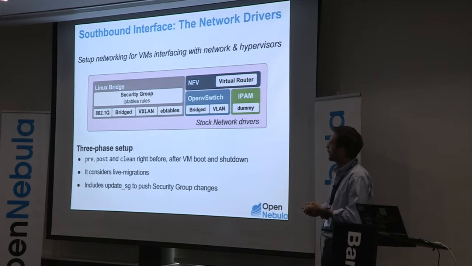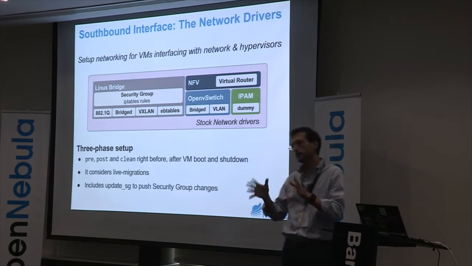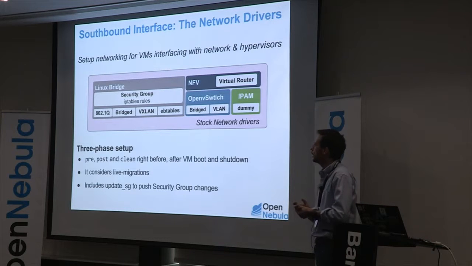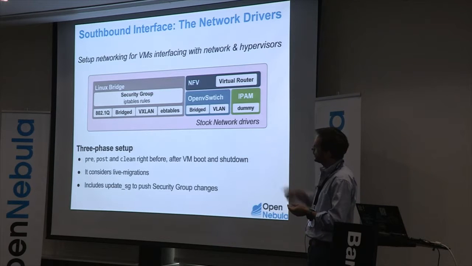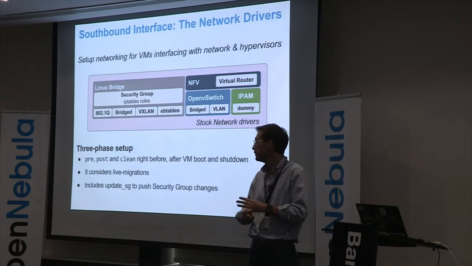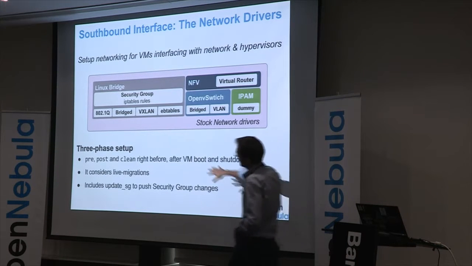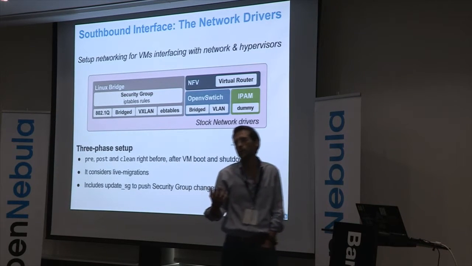There are a couple of drivers based on Linux bridging, the standard kernel Linux bridging in the host. Here you have VLAN tagging, you have plain or bridge networking, you have VXLAN, and you have EBtables. So all these three, VXLAN, EBtables, and VLAN tagging, are used to create VLANs.